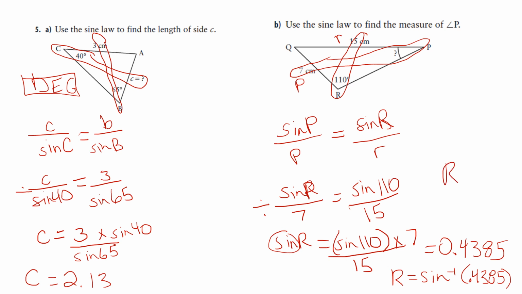So P is equal to 26 degrees. And that's a quick little review on how you find a side using the sine law, and how you find an angle using the sine law.